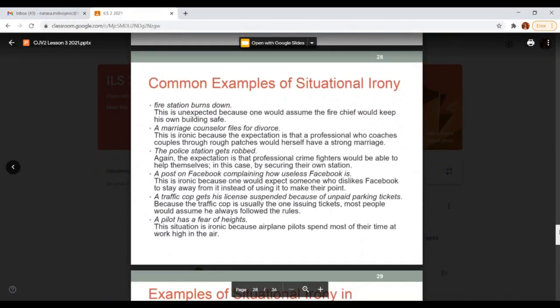And also there is a list of, let's say, real life short pictures, which are all examples of situational ironies. So things like a fire station burns down, which is unexpected because one would assume that the fire chief would keep his own building safe, or a marriage counselor files for divorce, or the police station gets robbed, a post on Facebook complaining how useless Facebook is, a traffic cop gets license suspended because of unpaid parking tickets, and so on.